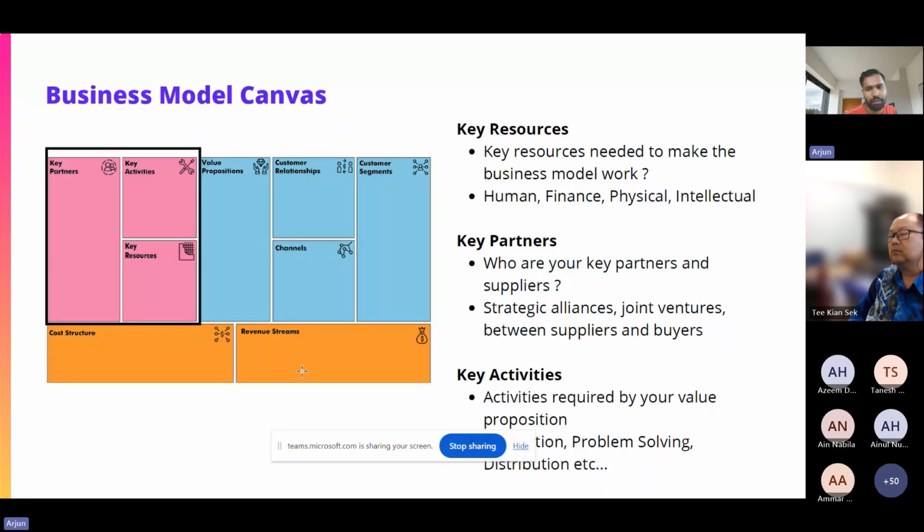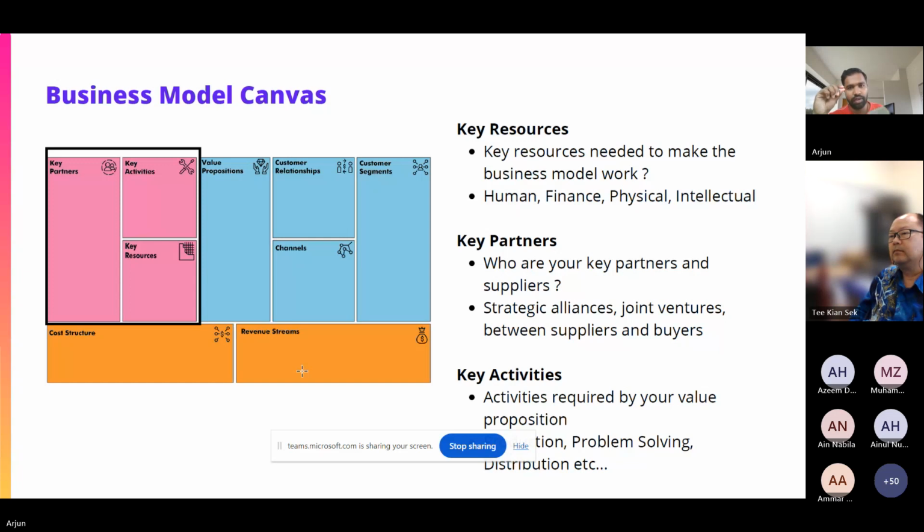And then key activities, key partners, key resources. This is where you now really need to think about many different things of your business. So if you are starting a business, first of all, what is your key activity?